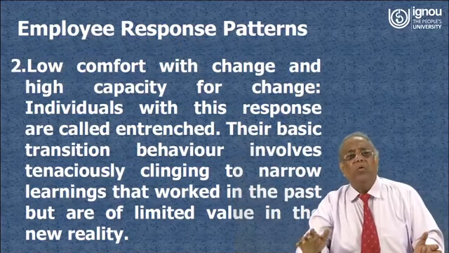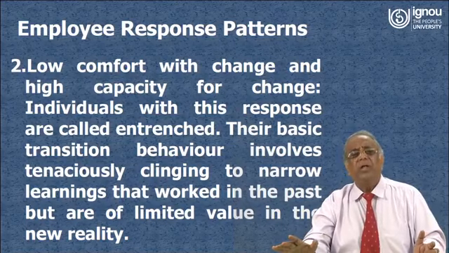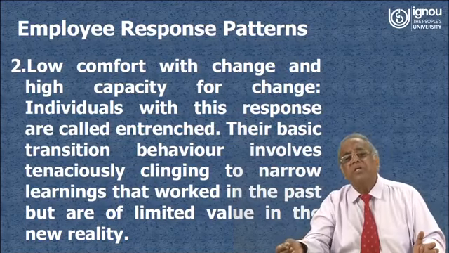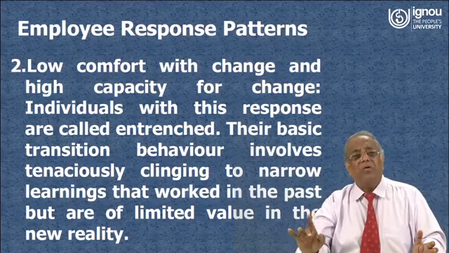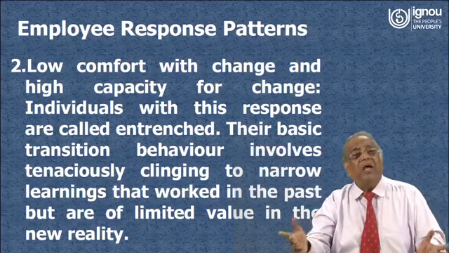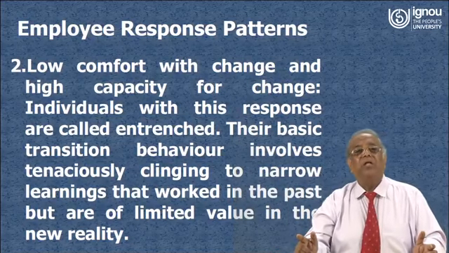Number 2, low comfort with change and high capacity for change. That means that person is a skilled person. He knows how to do the job, but has low comfort with change. In that condition, individuals with this response are called entrenched.